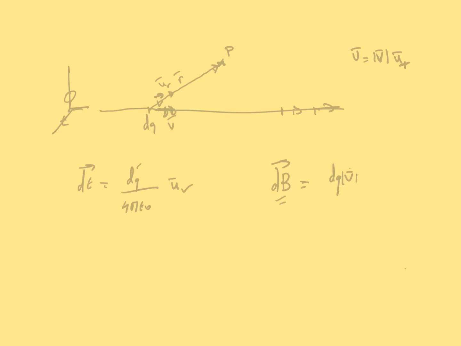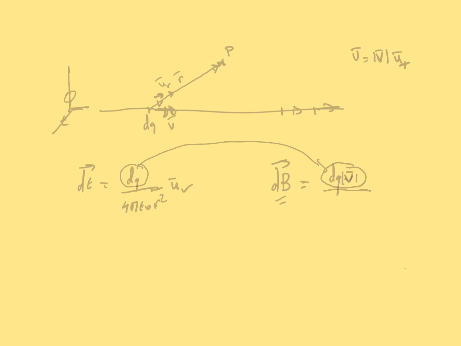It looks the same as this, but now the source in the electrical field is the charge. Now the source is charge with movement, because it has velocity, dq by v. Oh, sorry, here is r squared, of course, divided by a constant.